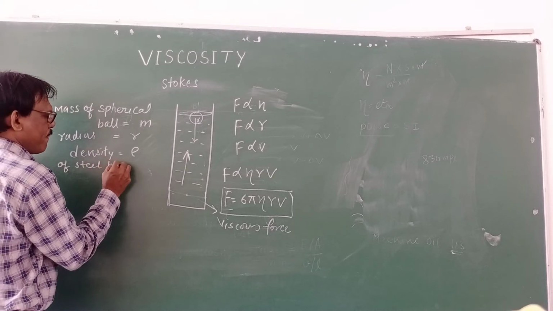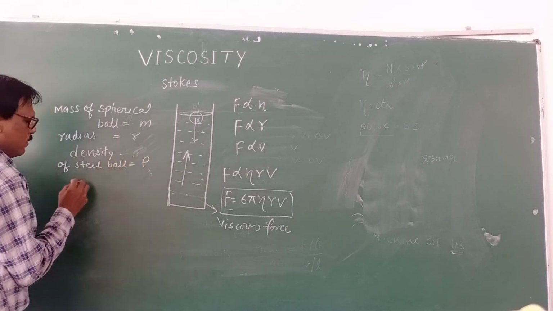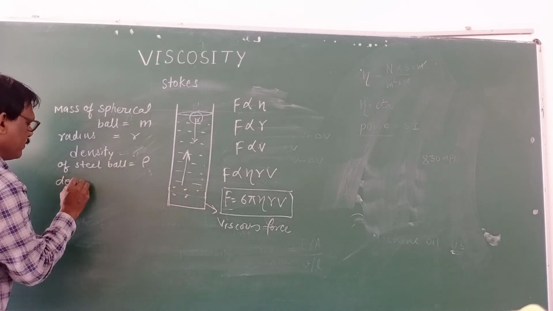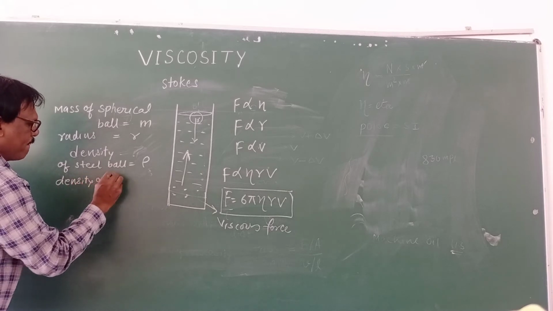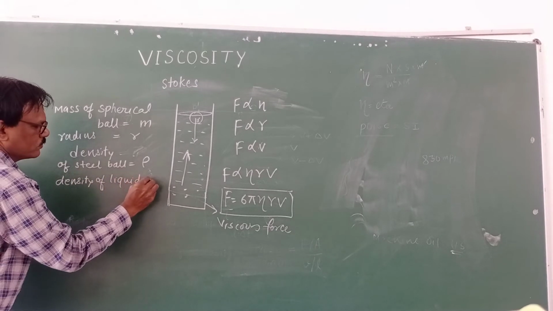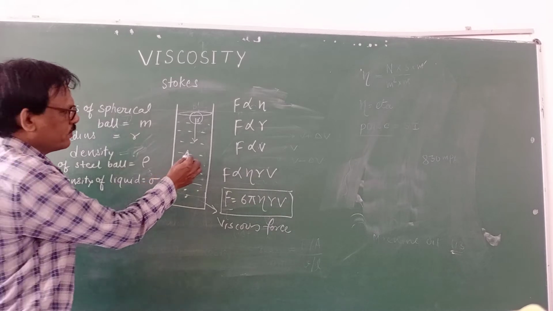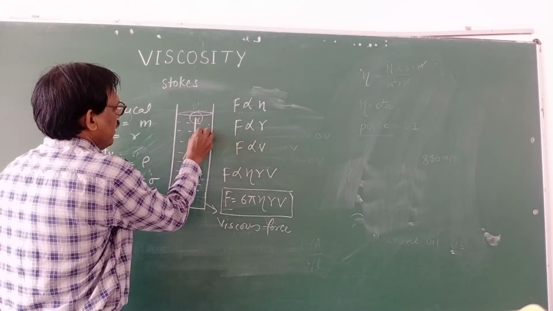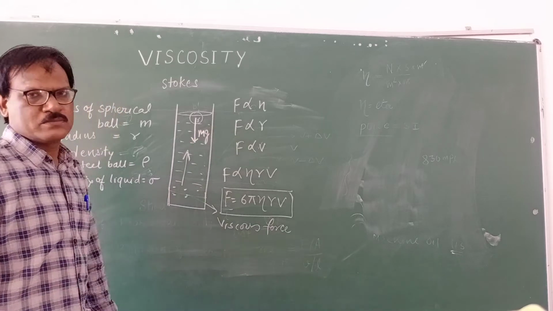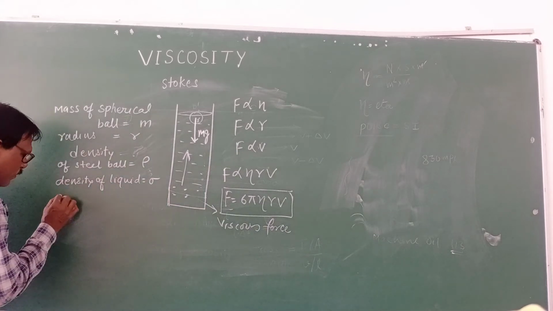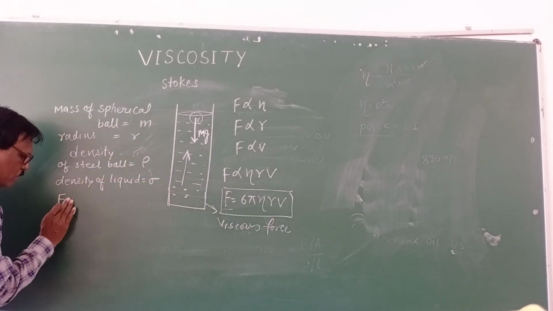The density of the liquid will be sigma. This ball is moving down, on which mg will act. What is that mg? The force of gravity. So the downward force will be mg.